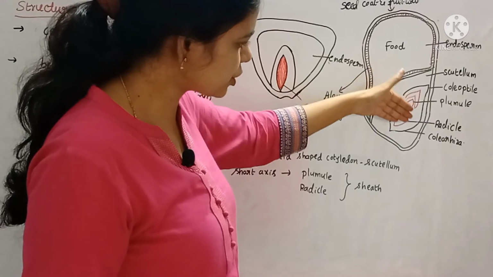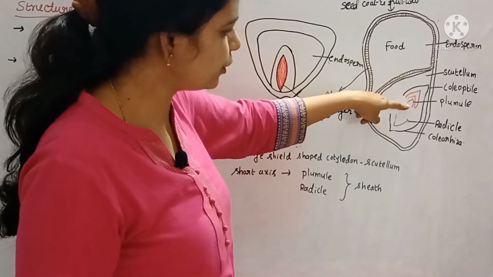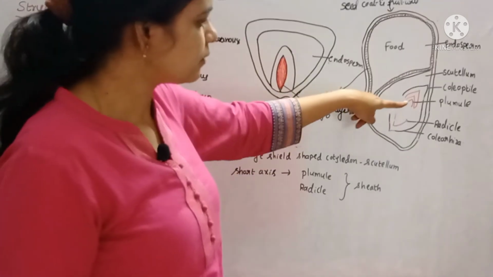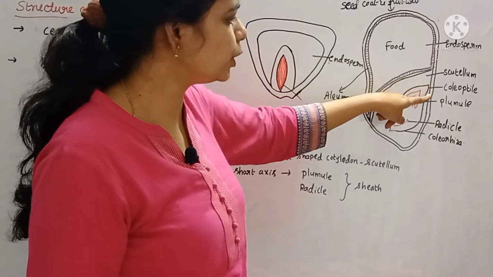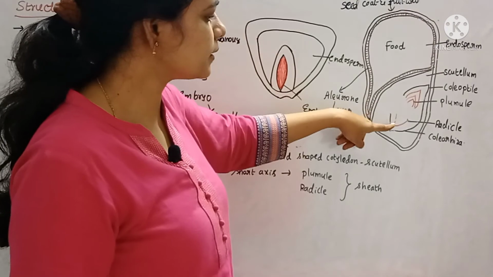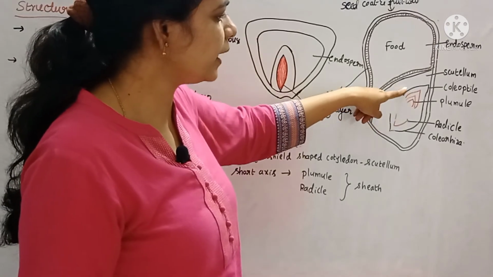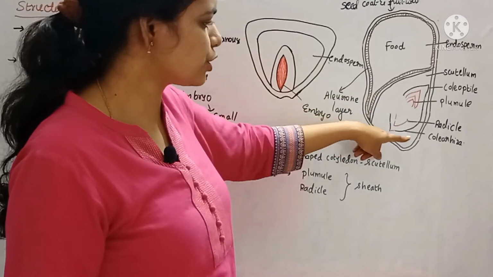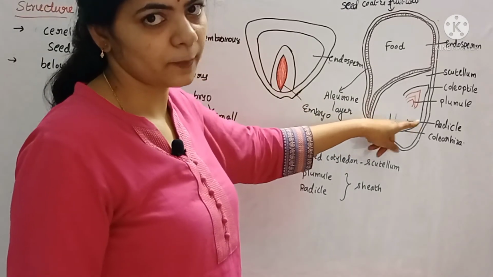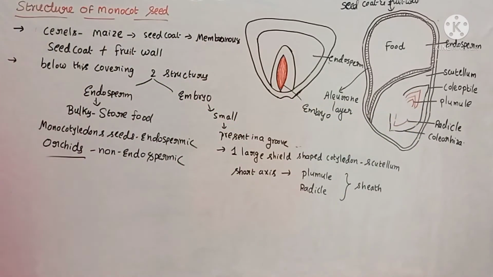At the short axis there are a plumule and a radicle. The plumule is surrounded by a sheath called the coleoptile, and the radicle is surrounded by a sheath called the coleorhiza. This is about the structure of the seed.